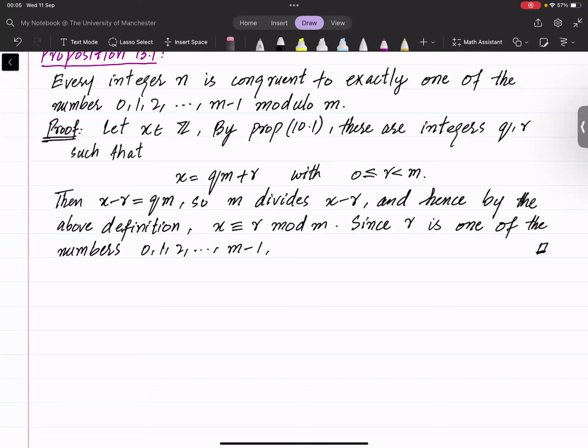Hence, we have proved it. So every integer n is congruent to exactly one of the numbers modulo m.